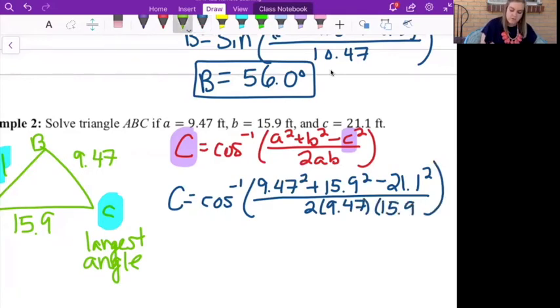Again, if you have an older calculator, you have to be sure that you have parentheses around your numerator and your denominator, or else it will not come out to be the correct answer. But you should get that C is equal to 109.9.